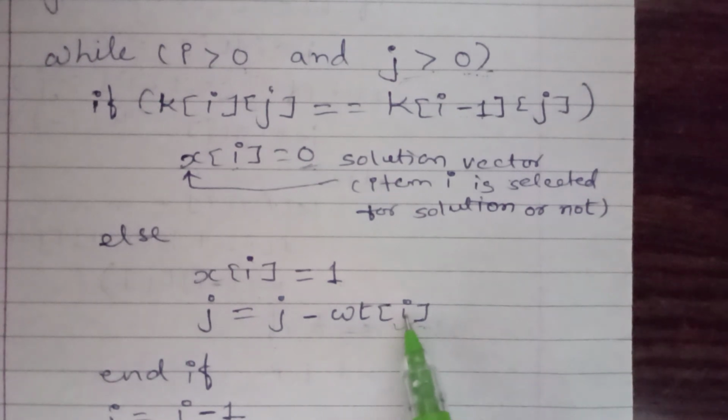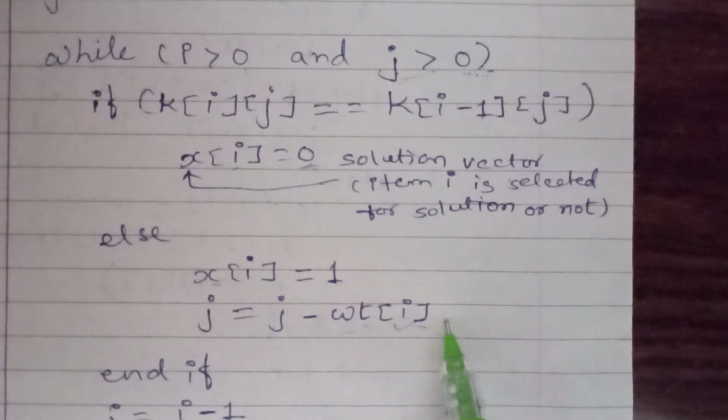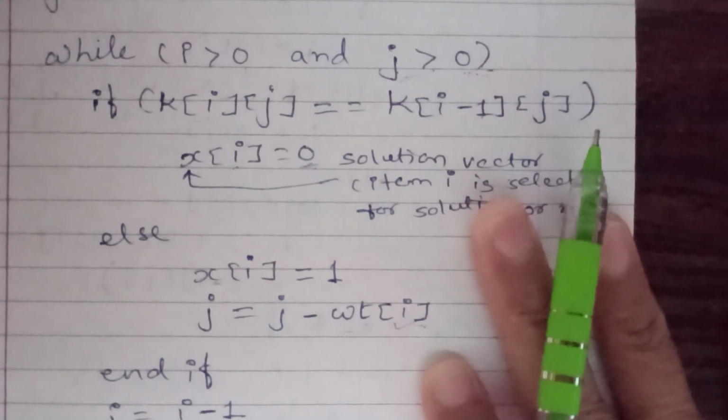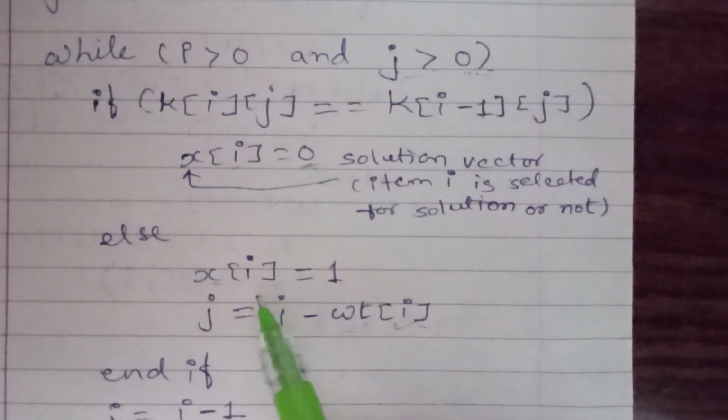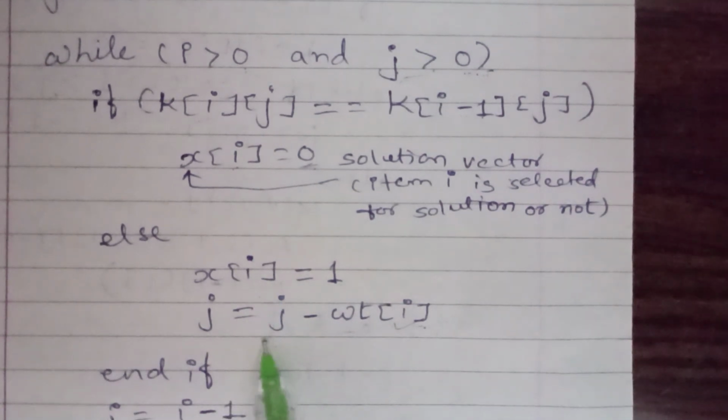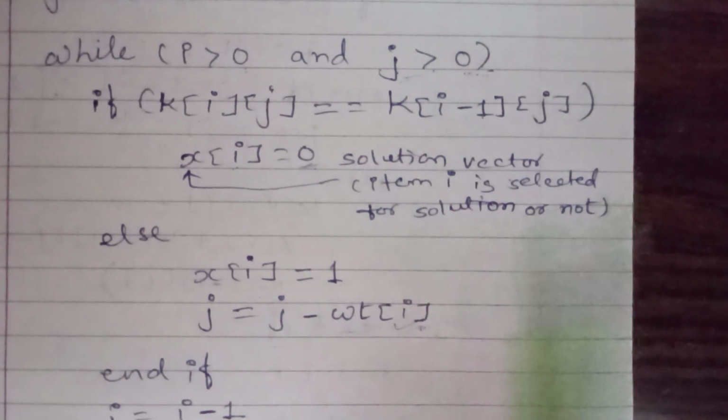The weight of the ith item is WT of I. So we deduct WT of I from J, which is the current capacity of the bag. So we say J equal to J minus WT of I. So here we have determined whether the ith item is selected as a solution or not, and if it is selected, we reduce the bag capacity by WT of I.